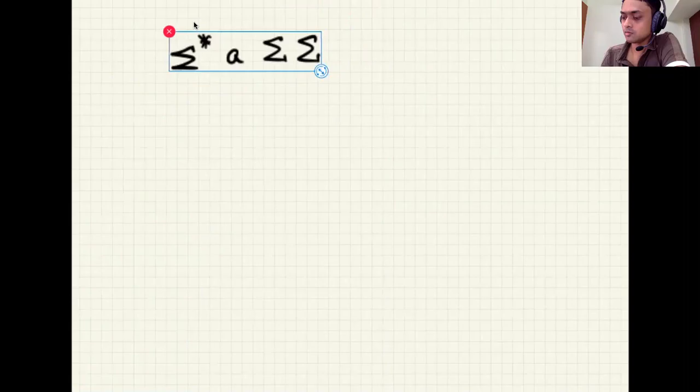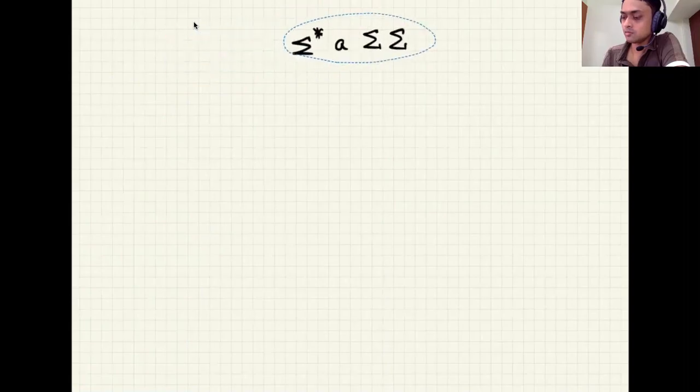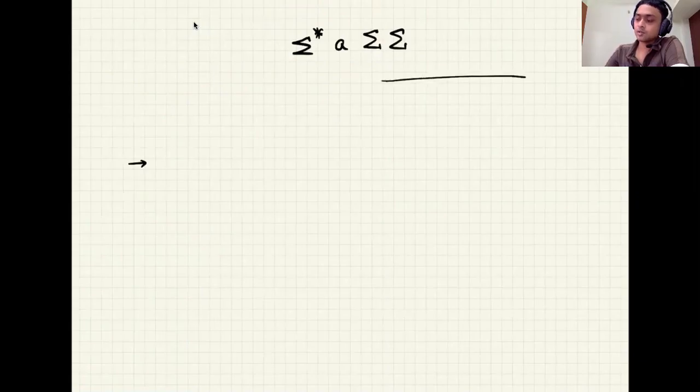See, the goal is, it's a set of all words so that the third letter from the last is an A.